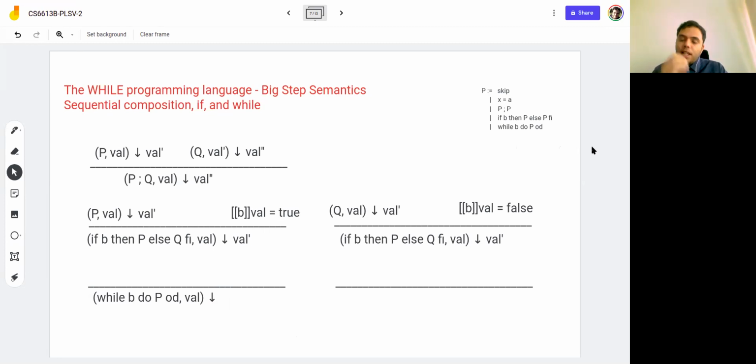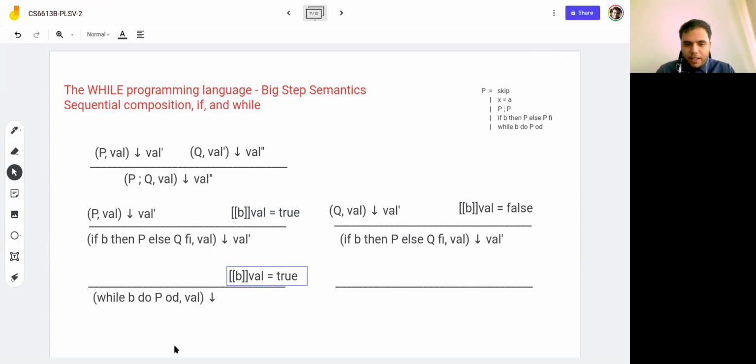So one thing we can do is the casework again and say what happens if the while condition is true and what happens if the while condition is false. But can we do it without that? So let's do it first and then we come back and talk about this.